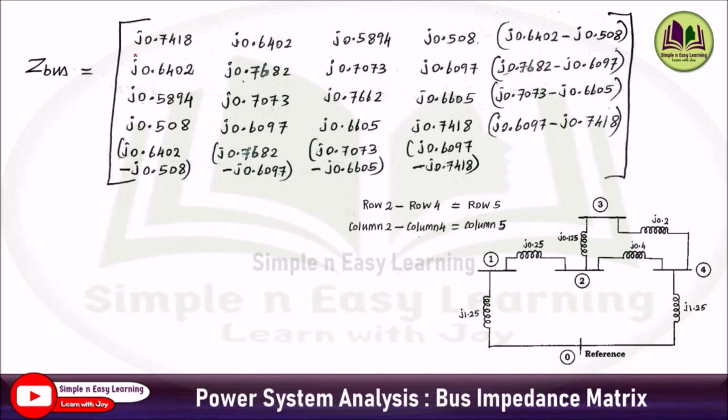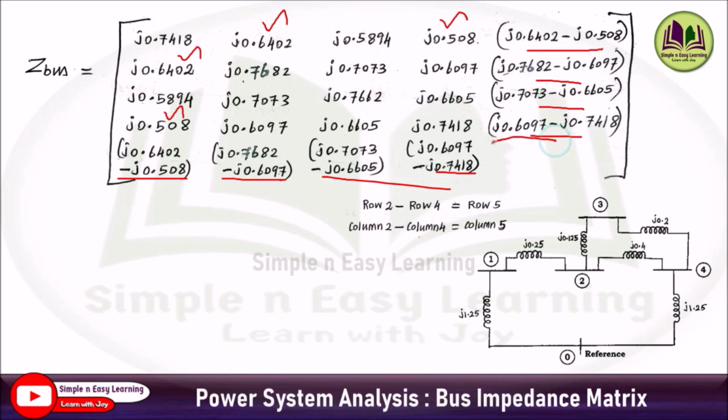Row wise, row 2 is 0.6402 minus 0.508, that gives you row 5. Similarly, column wise, 2 is 0.6402 and 4 is 0.508. Subtracting, you will be getting column 5 in all these parameters.